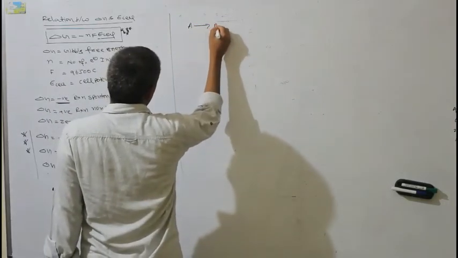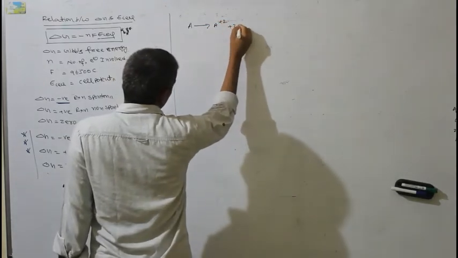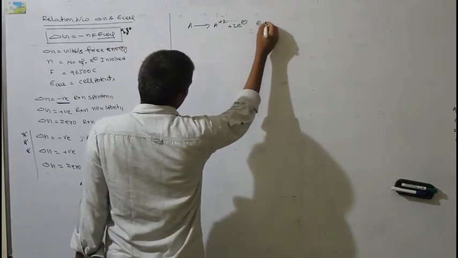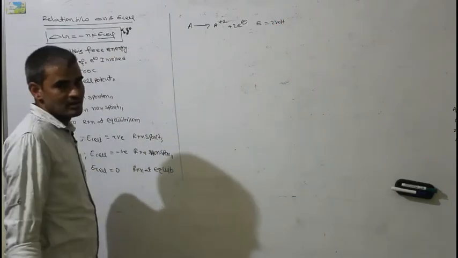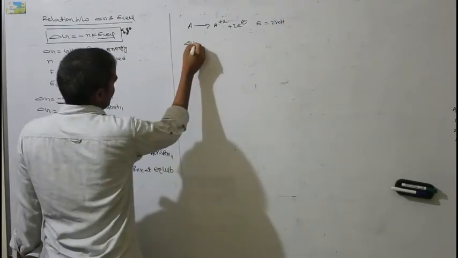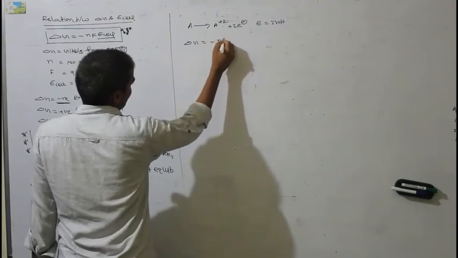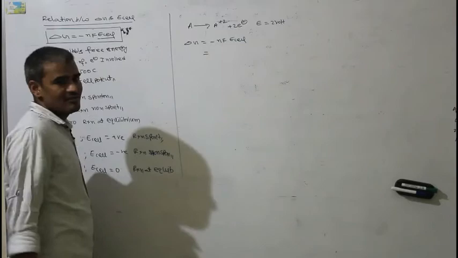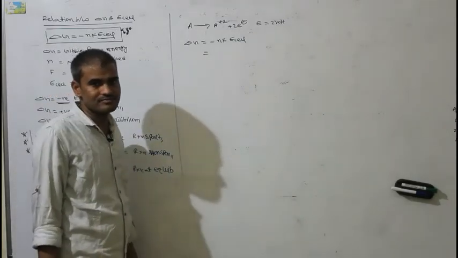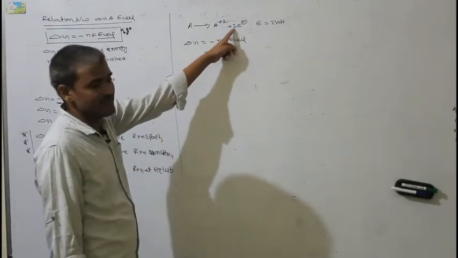A converts into A plus 2 by loss of 2 electrons, E is equal to 2 volt. For this reaction, del G is equal to minus nFE cell. n is the number of electrons involved in the reaction. How many electrons are involved? 2 involved.